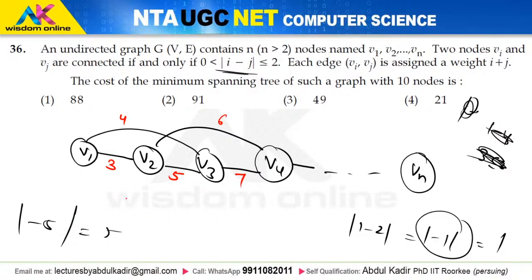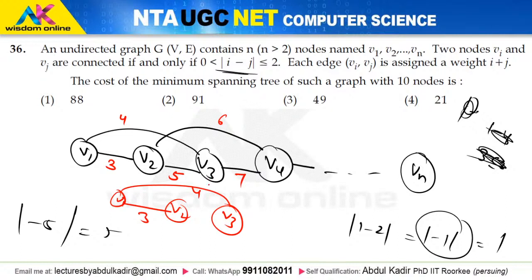Now if you want to find the minimum spanning tree, what you can do is take v1 to v2, with edge 3. Then you can take edge 4 and connect v3. So you have connected v1, v2, v3.